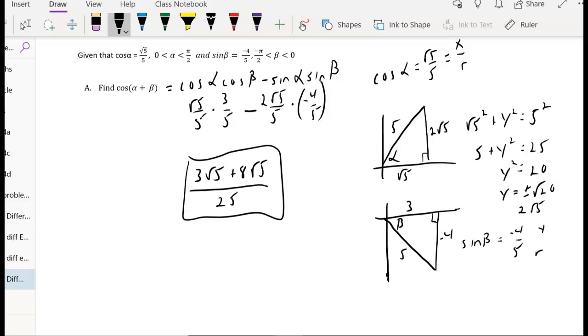Let's see what happens there. So we take the rad 5 out in front, and then we get rad 5 times 3 plus 8 over 25. I guess that is a little bit easier. This is 11 over 25, so 11 rad 5 over 25.